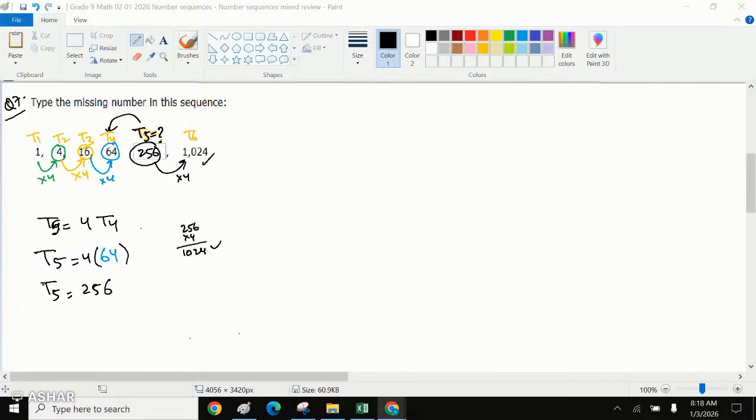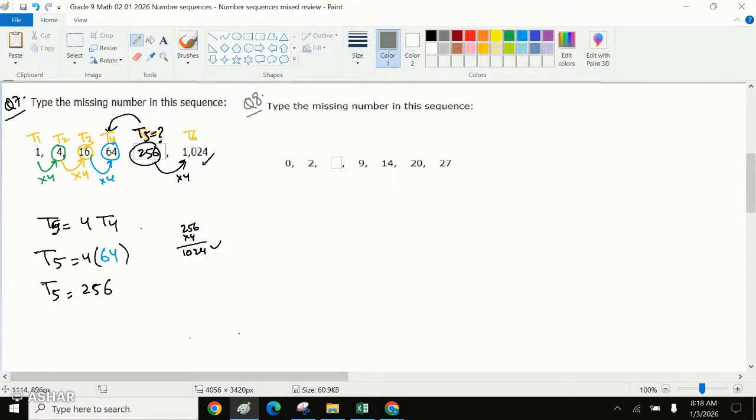Let's see what the next question is asking us. It's asking us to type the missing number in the given sequence. Let's copy this. So question number 8 says, find the missing number in the given sequence.